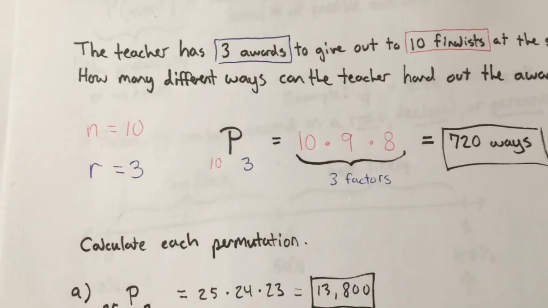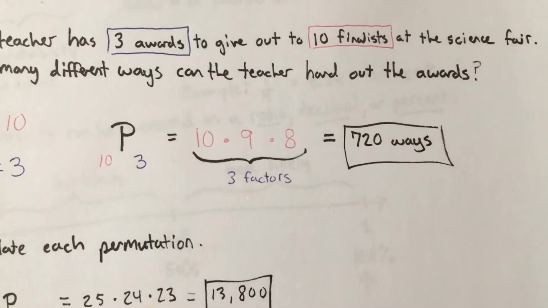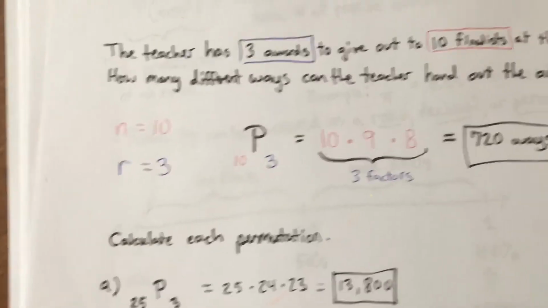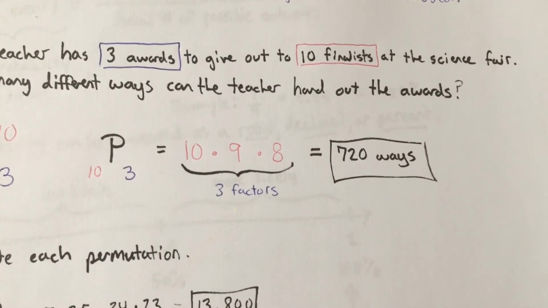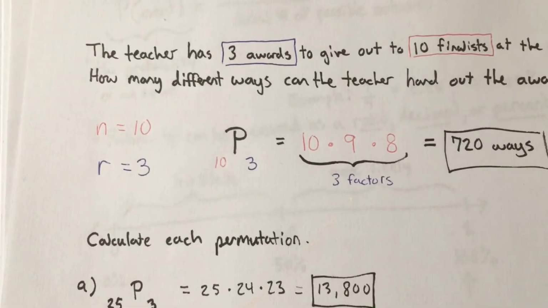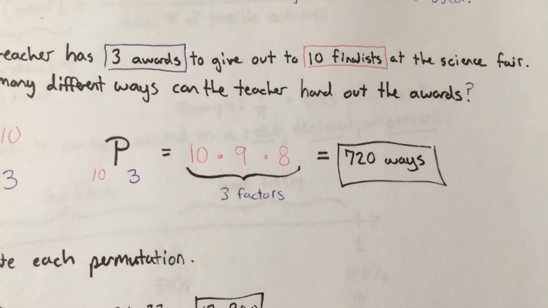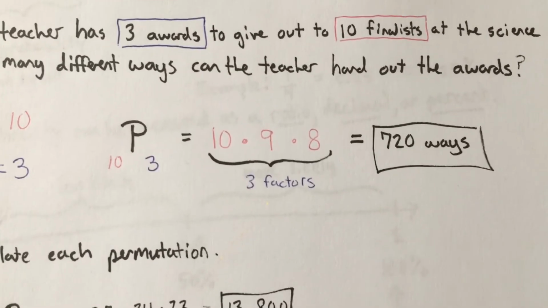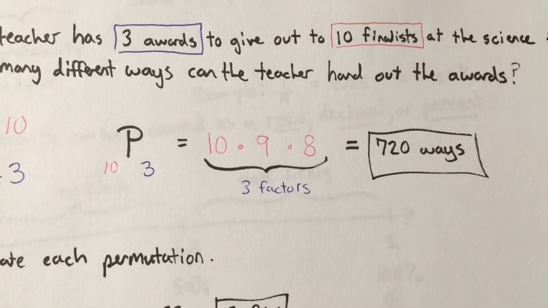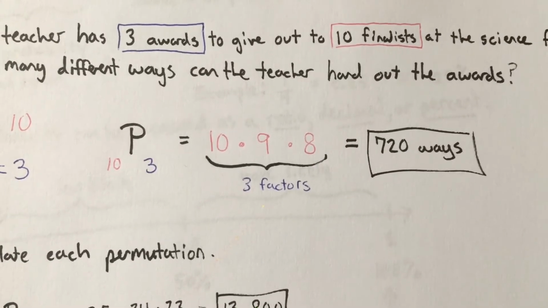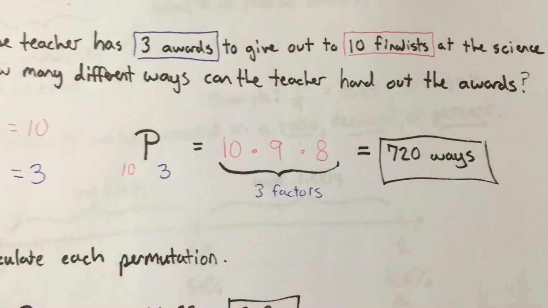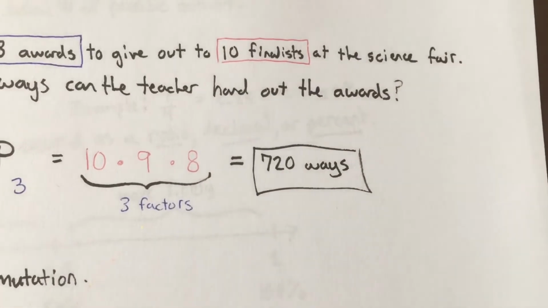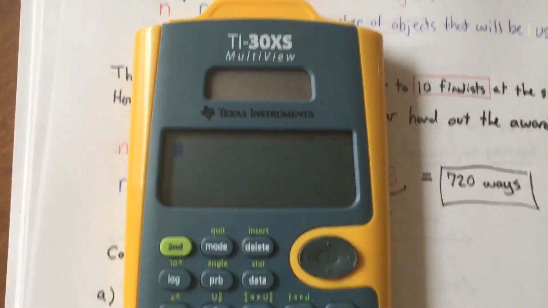So 10P3 is going to equal the following. The first number is where we're going to start our factorial, so we started at 10, and then the 3 indicates how many factors we're going to use for our factorial. So 10 times 9 times 8. We would only use the first 3 factors of this arrangement. When I work this out, that gives me 720 ways.